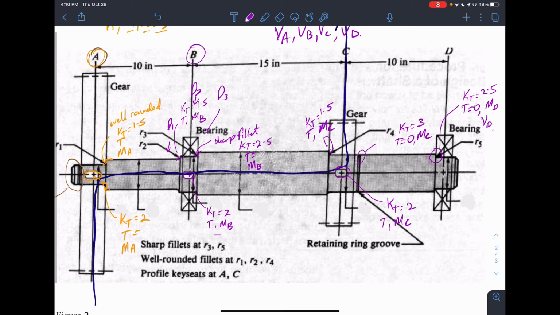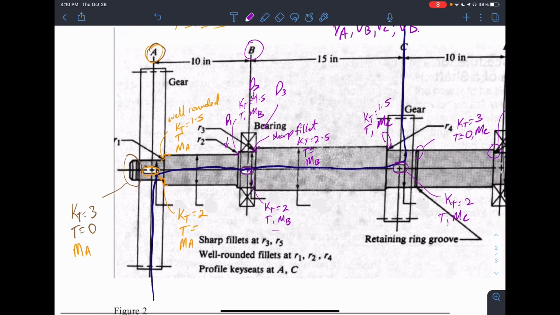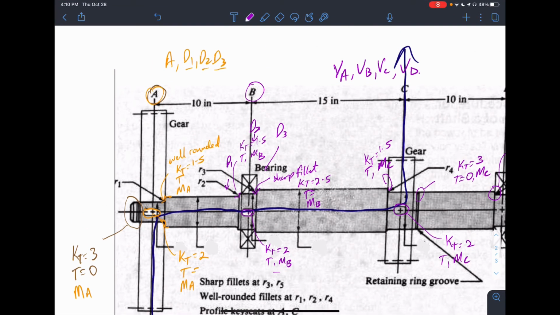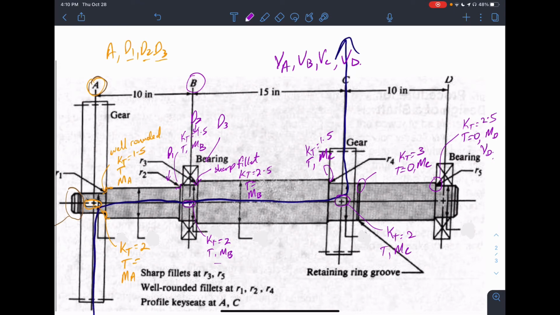So we could use these regions to set up the table with one column. We will have A, and then calculate D1, D2, and D3. Then at B, we will calculate D1, D2, D3 for the 3 regions within B. At C, we will calculate again the 3 regions, D1, D2, D3.